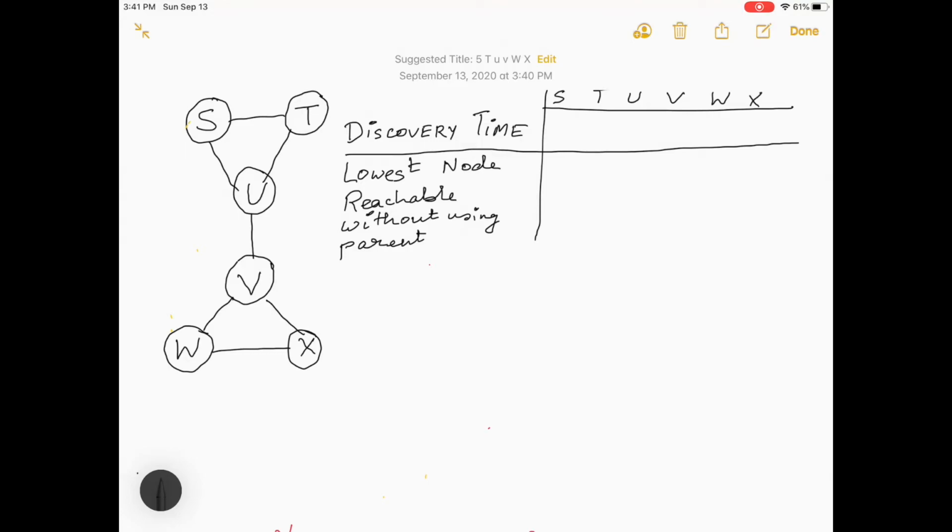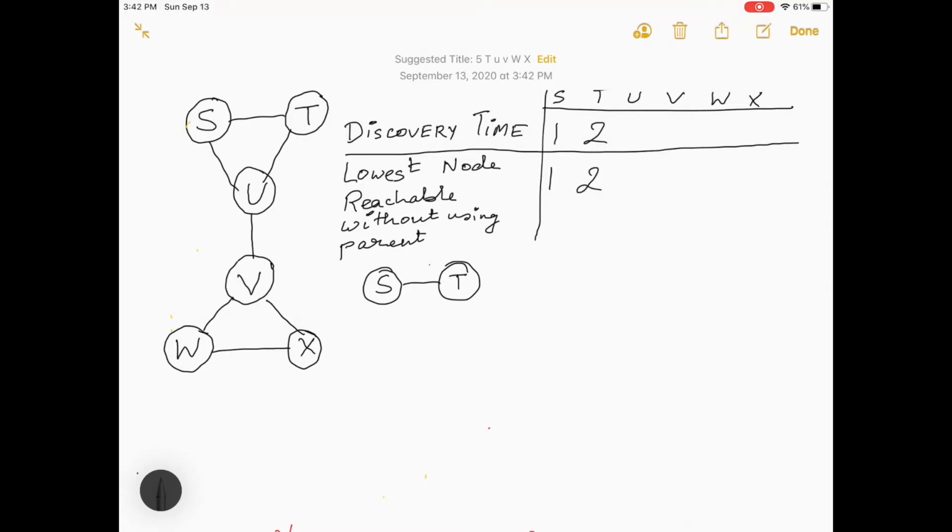Now let's try to run the algorithm on this graph that we have here, and let's see if we get the expected result. So let's start constructing the DFS spanning tree by starting the DFS from node S. The discovery time of the node S becomes 1. From there we go to the node T. Discovery time of node T becomes 2, and we also need to initialize the earliest discovered node reachable.